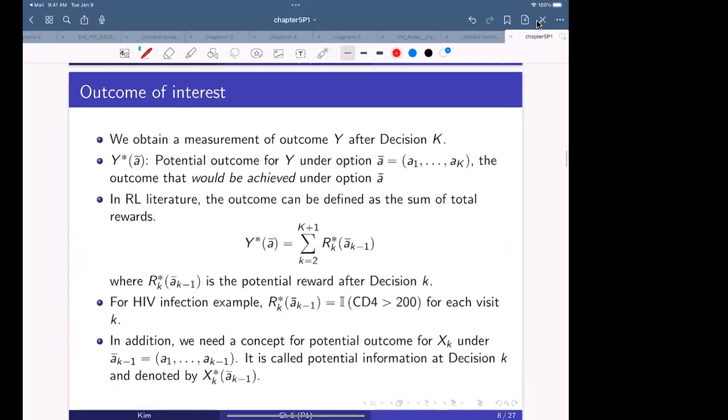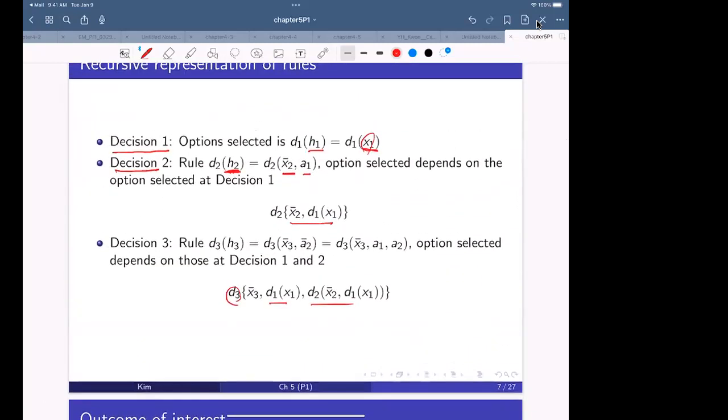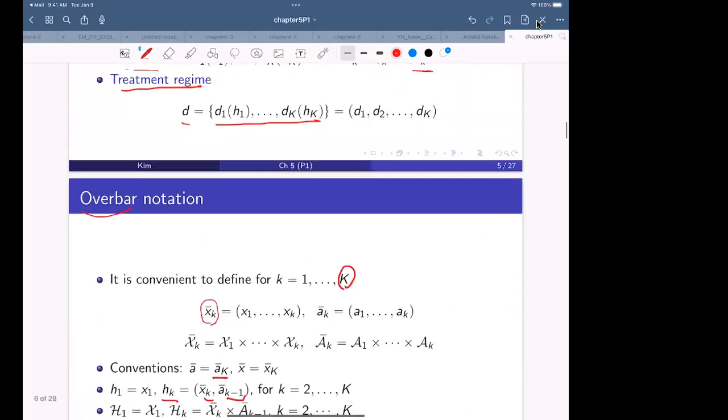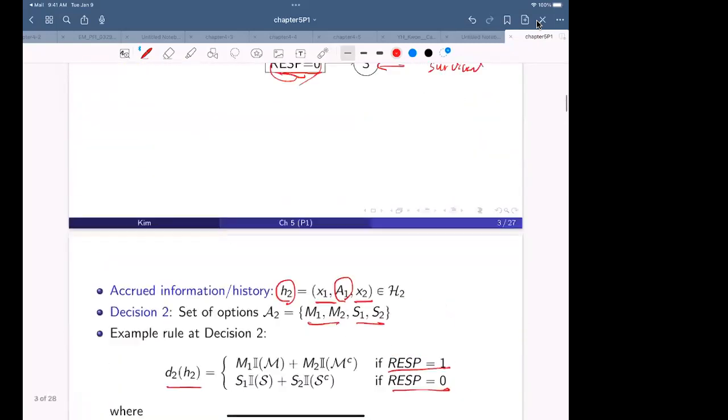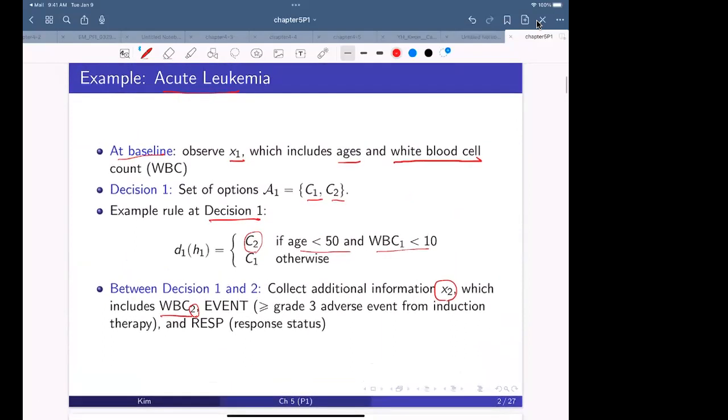If you go back to the beginning of the example, there should not be the case where the doctor suggested a decision and the patient didn't follow.